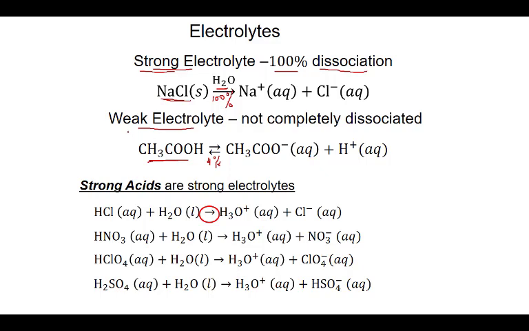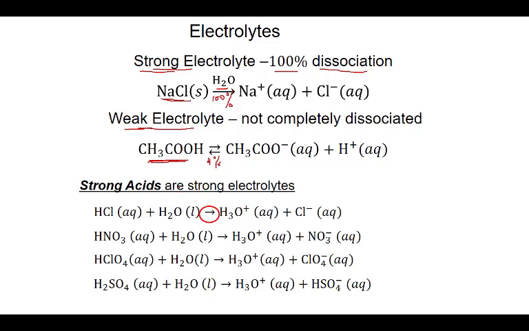More current cannot pass, so it is called a weak electrolyte, and it will be a weak acid. A strong electrolyte is a strong acid. A weak electrolyte is a weak acid. If it is a strong electrolyte, it will be a strong base. If it is a weak electrolyte, it will be a weak base. So the strength of the acid and the base depends on the strength of the electrolytes, that is, how much percentage it dissociates.